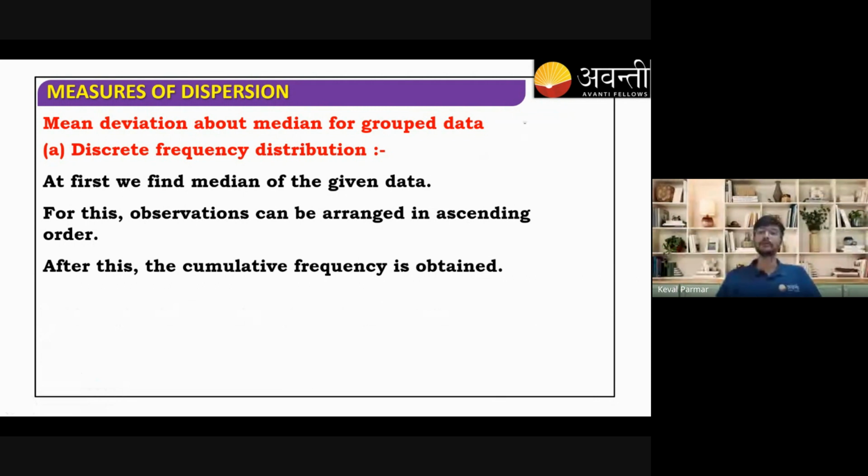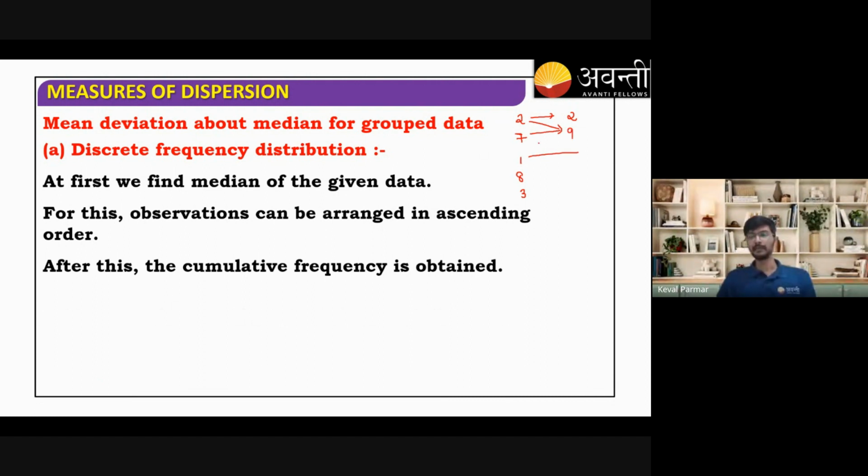Suppose we have a frequency. I am taking only frequency. We have the frequency 2, 7, 1, 8, 3. How to calculate cumulative frequency? The first term will remain as it is. The second term will be the addition of the first two terms, which is 9.